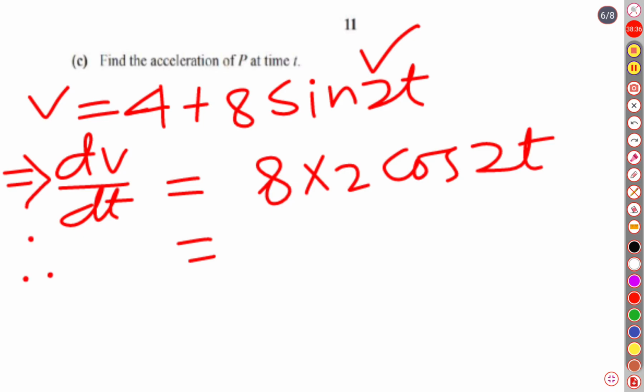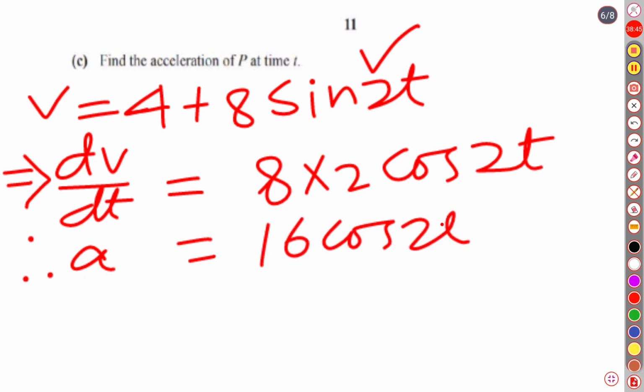Hence our acceleration we can write as a is equal to 16 cos 2t. So from velocity, if we want to find acceleration, we find the derivative, and the derivative of the given v is 16 cos 2t. That is the answer we got.